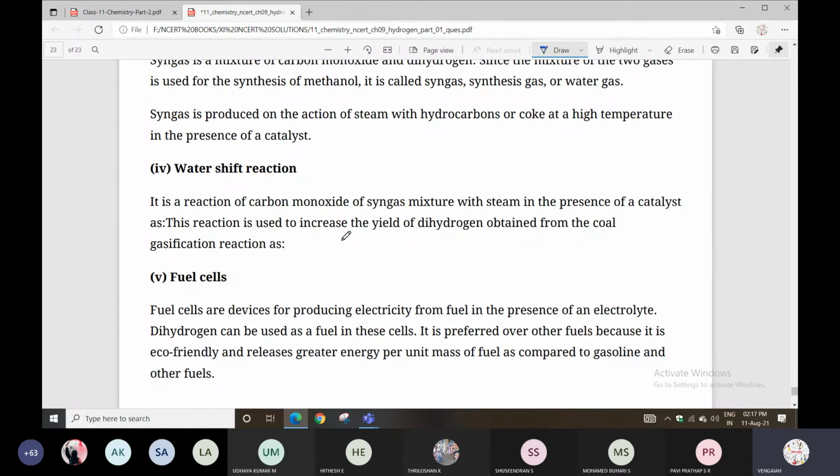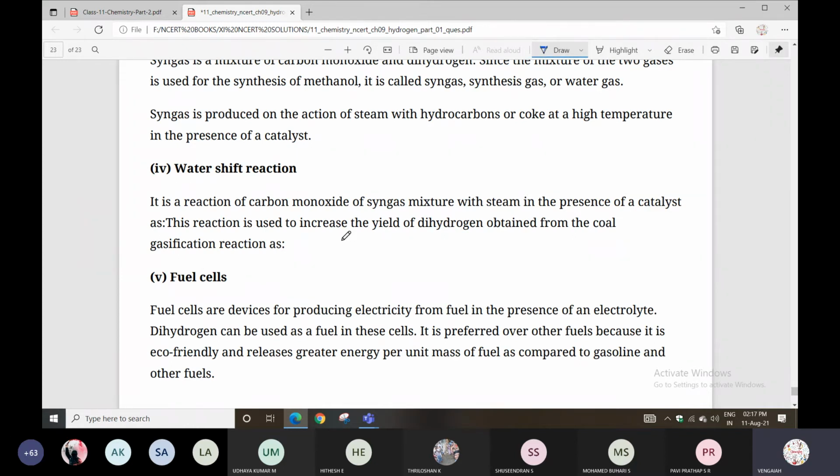So this reaction is used to increase the yield of dihydrogen obtained from the coal gasification reaction. Next one, what is the meaning of fuel cells? Fuel cells are devices for producing electricity from fuel in the presence of an electrolyte.